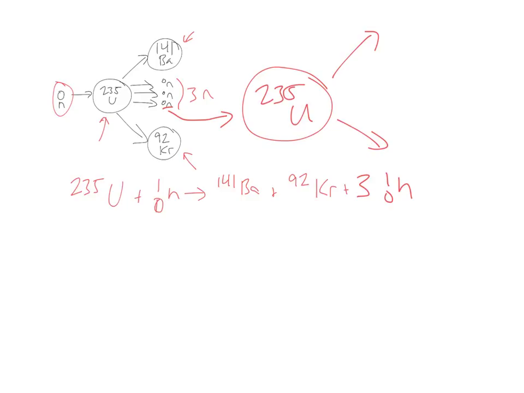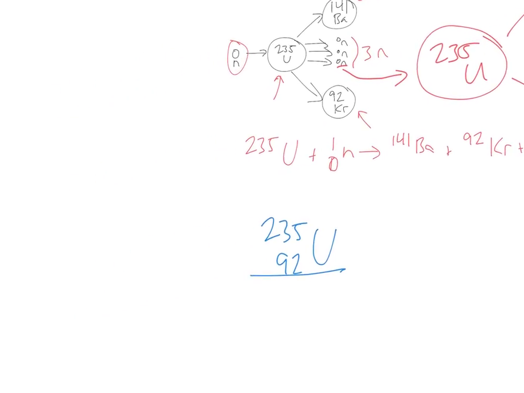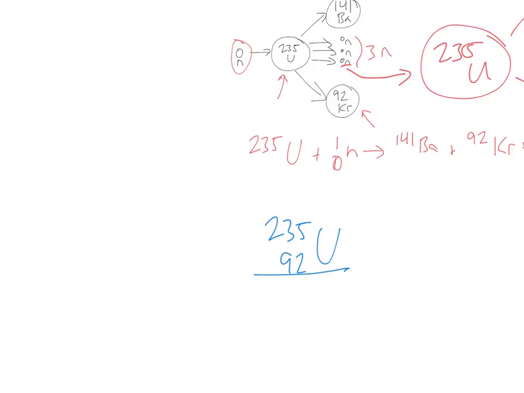Based on this information, let's backtrack for a second and talk about what the simple notation looks like for a nuclear reaction. So you have uranium-235, which has an atomic number of 92. The top number represents your mass number, and that is made up of your protons and neutrons.